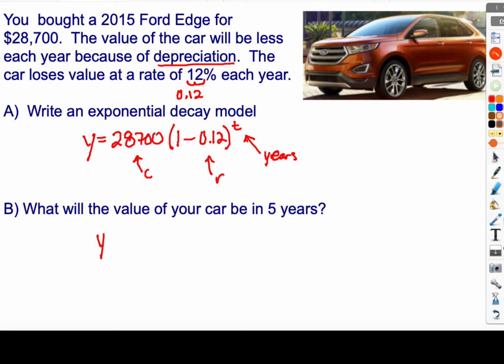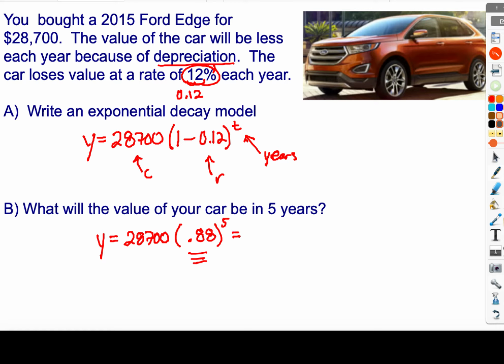The value of the car will be equal to 28,700 times, and notice 1 minus 0.12, we can actually find that number. 1 minus 0.12 is 0.88, basically saying we're losing 12% of our value, but we're keeping 88%. It's still worth 88%. We're just losing 12%.